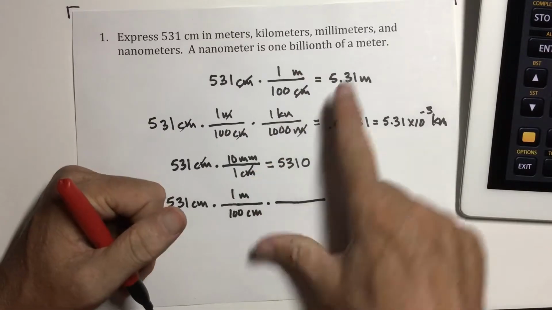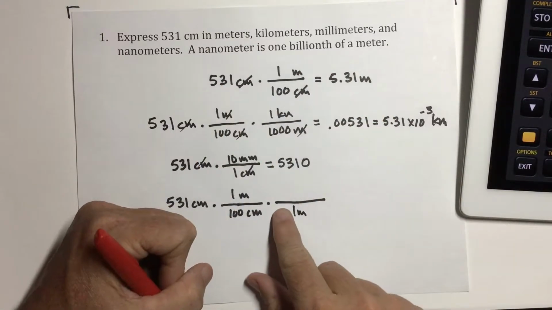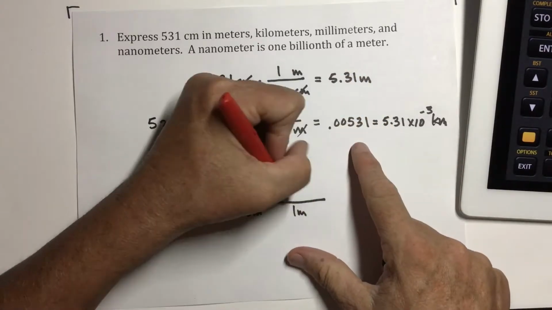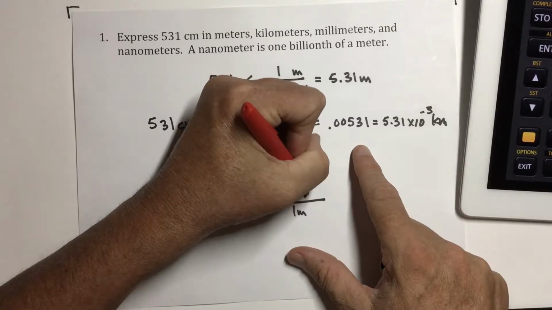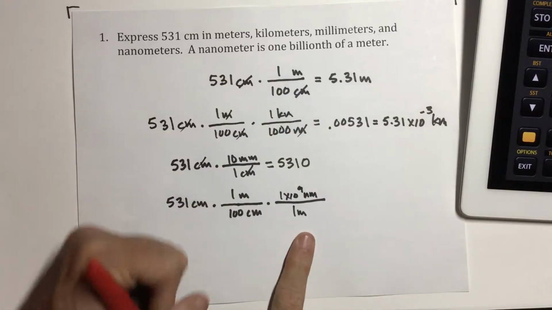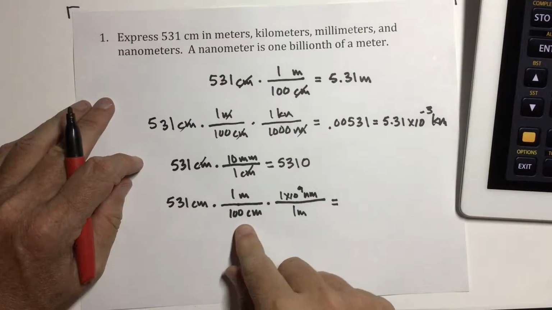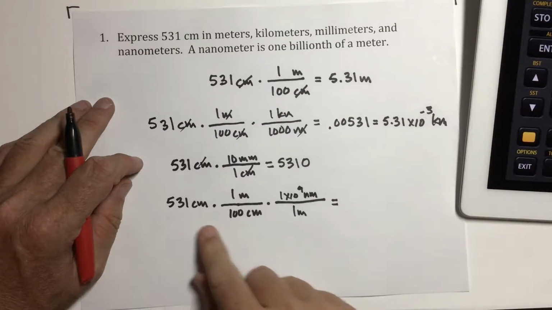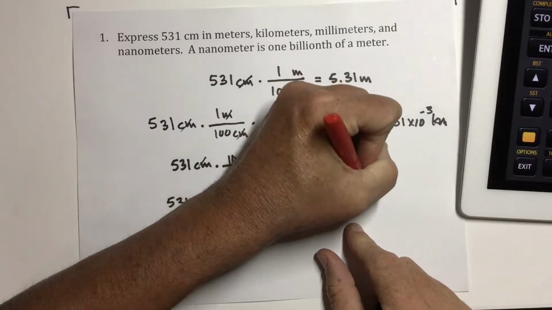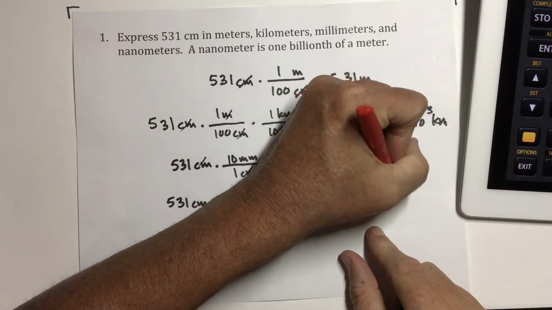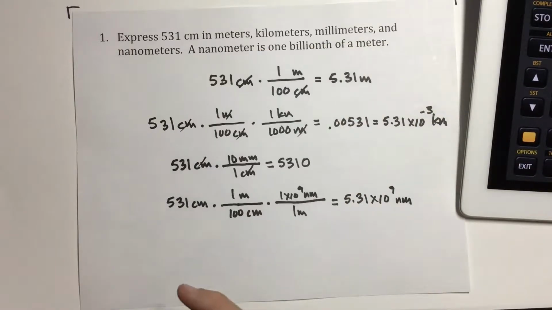And then I'll go from meters to nanometers, because I know that there are 1 billion, which is 1 times 10 to the 9, nanometers in 1 meter. So 531 divided by 100 is 5.31, times 1 times 10 to the 9 is 5.31 times 10 to the 9 nanometers.